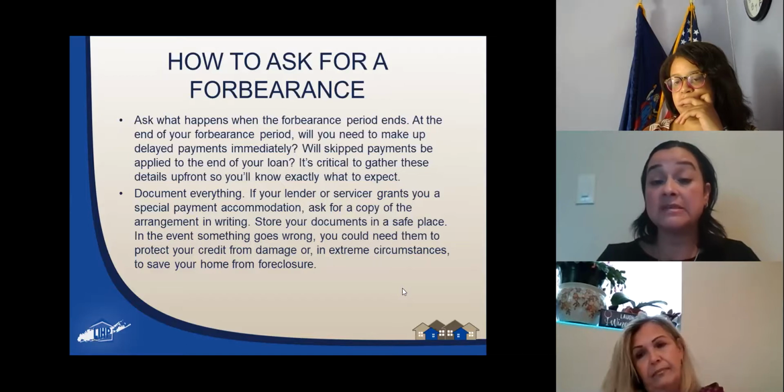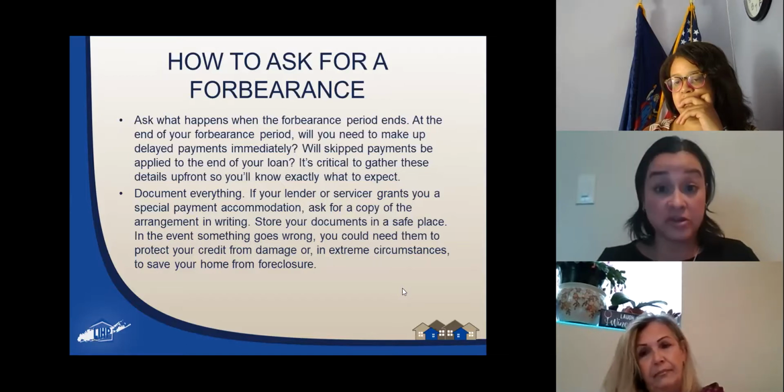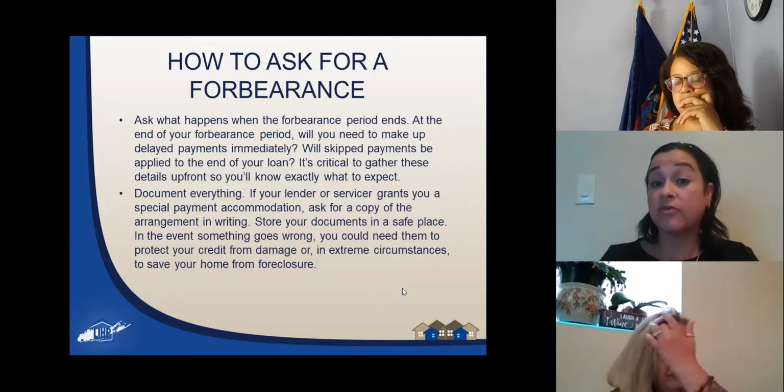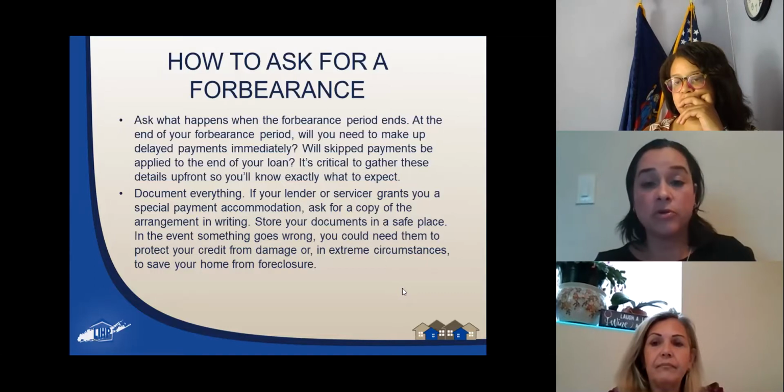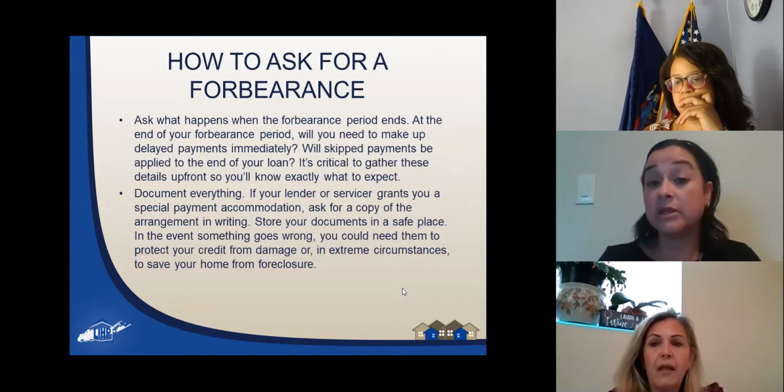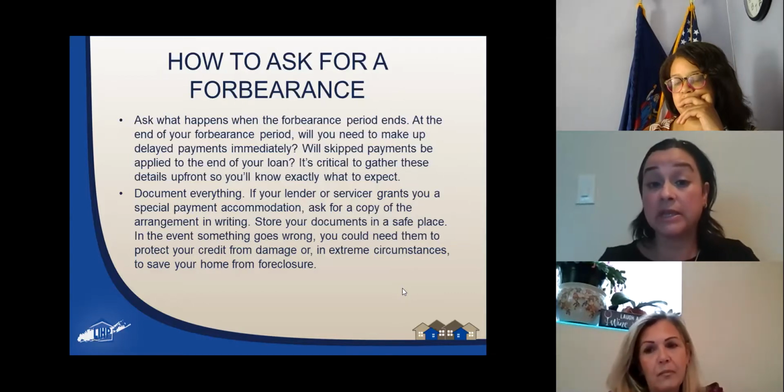And even though it's not giving you a negative credit score, it can affect you if later on you want to refinance, or you want to take out a home equity line of credit, because they take that information like, oh wait, they couldn't pay for that period of time, so that can affect you later down the line. It's not going to affect the score, but it can affect you with a lender later on.